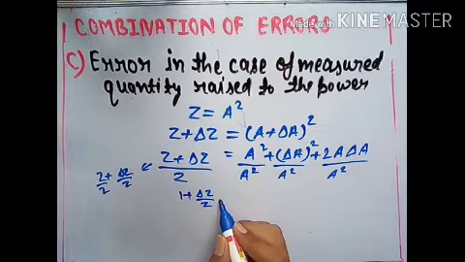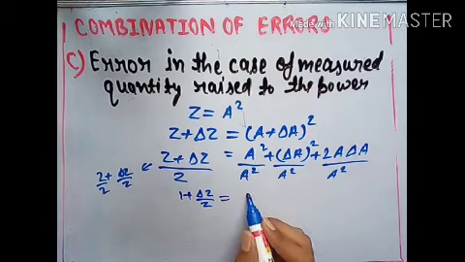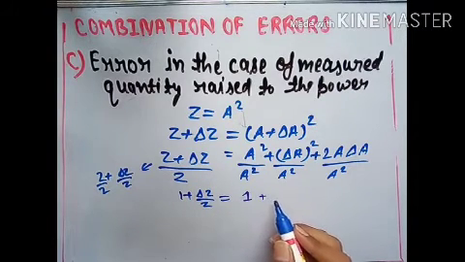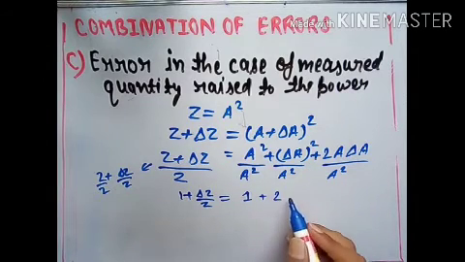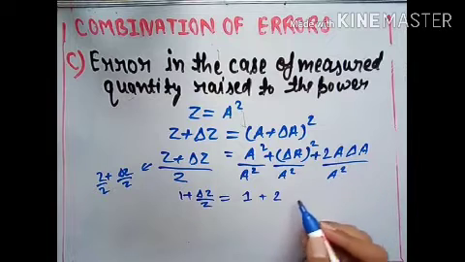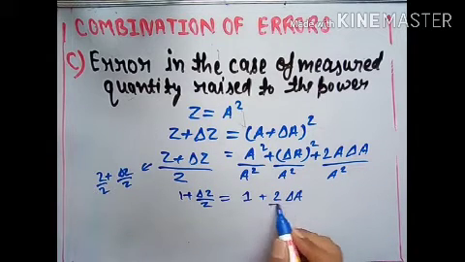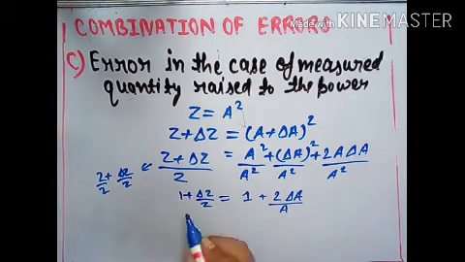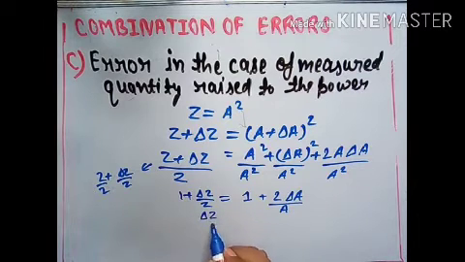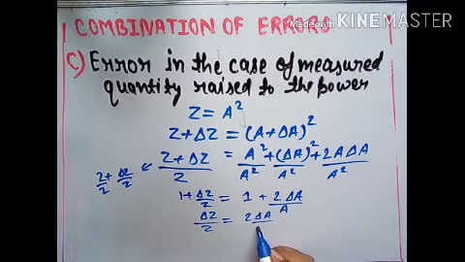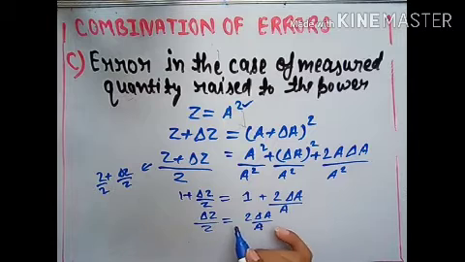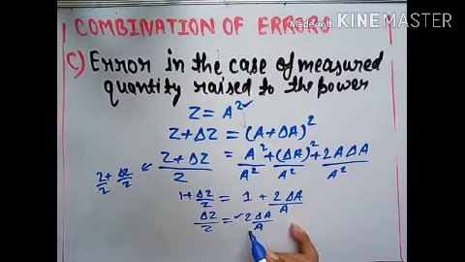Understand? Is equal to 1 plus, this value is neglected here, 2 times a, since a divides, and then 2 delta a upon a. Now 1 cancels on both sides, and this becomes delta z by z is equal to 2 times delta a upon a. Do you understand this? Look, here the power was 2, and here the coefficient of the relative error is 2.